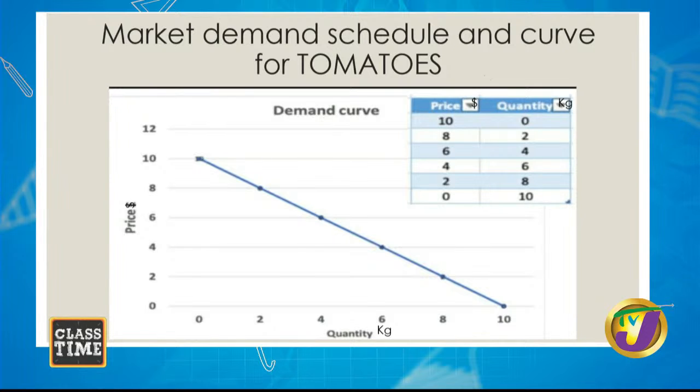Here we pair together the points: when the cost for tomato is $10, none is actually purchased. When the price is reduced to $8, 2 kilograms of tomato will be purchased, and it goes on. So this shows how the market space reacts to prices over time.